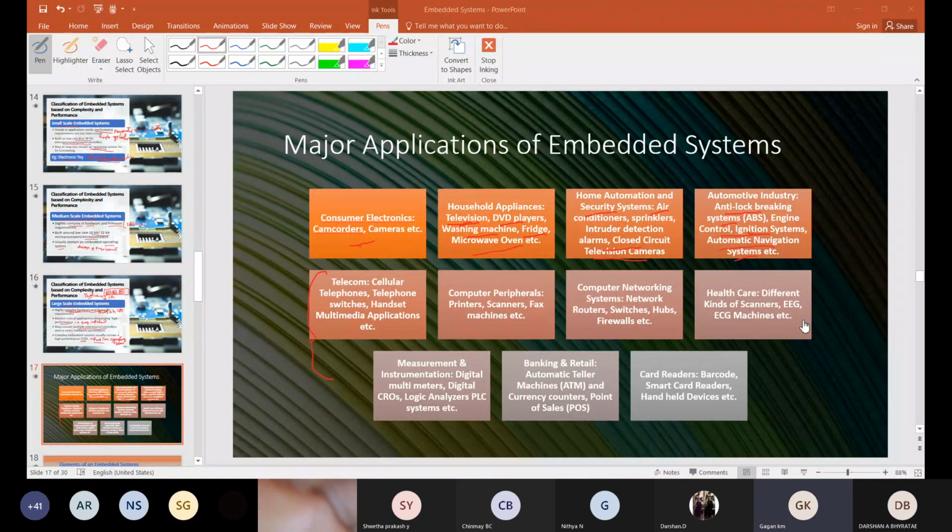Hemant CM, present, sir. Jivita MN, present, sir. Kishore, present.